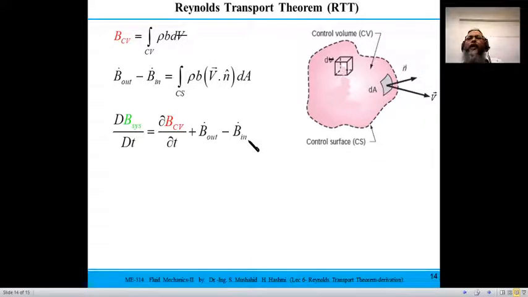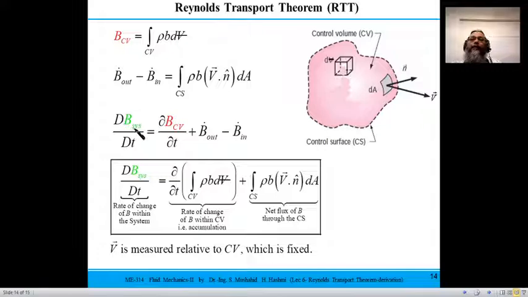Since out and in is through an area, this is an area integral. This is a volume integral, meaning over the whole control volume. So in calculus, it would be a triple integral. The area integral would be a double integral, because we integrate over the whole area, and once it is over the whole area, then it is the control surface.